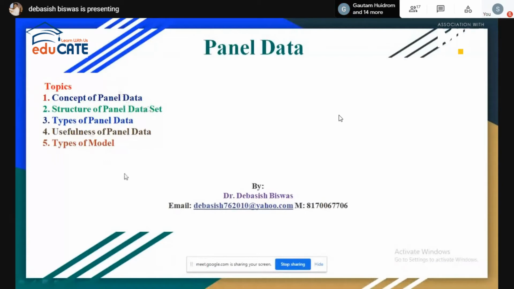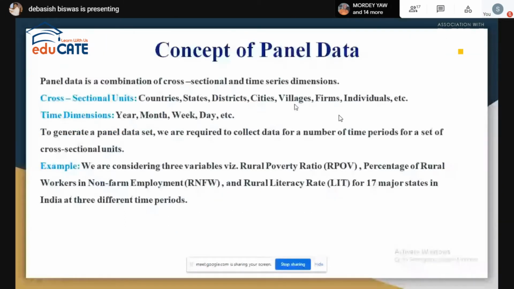I have already discussed these things. Panel data is a combination of cross-sectional and time series dimensions. Cross-sectional units might be countries, states, districts, cities, villages, farms, respondents.